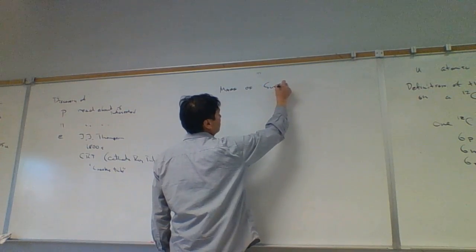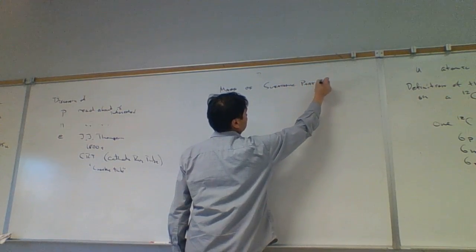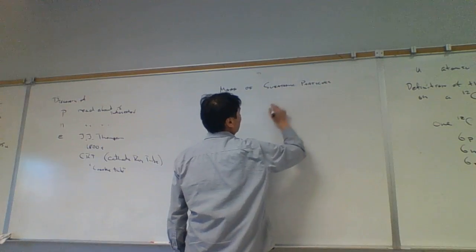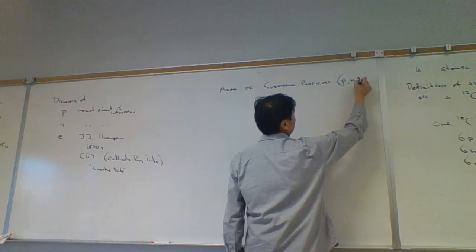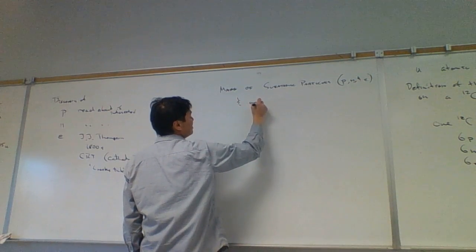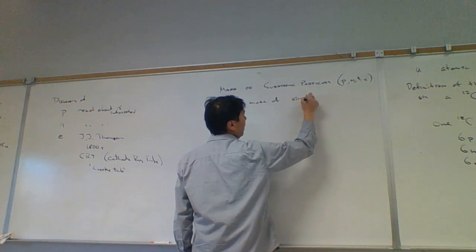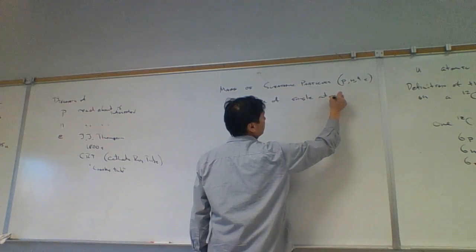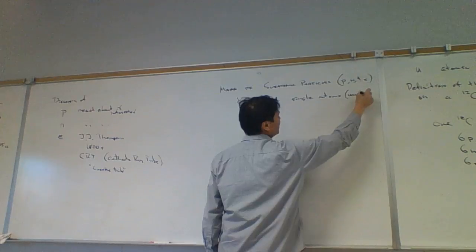The subatomic particles are the proton, neutron, and electron. And mass of single atoms. Single atoms are called nuclides, or isotopes.